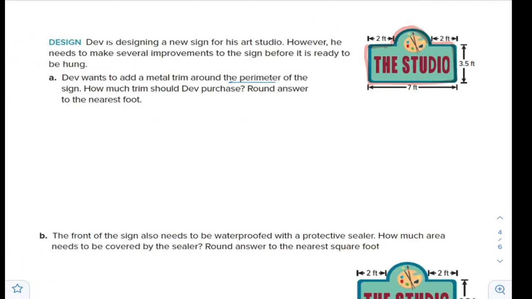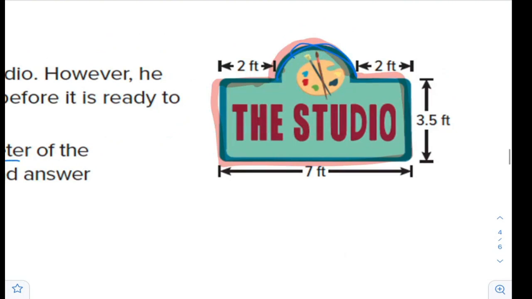So if you want to find the perimeter, first let's find the circumference over 2. The circumference of the full circle is 2 pi r, over 2 because it's half a circle. So it is just pi r. What is the radius? The total length is 7, take away the 2 on each side, 7 minus 4 is 3.